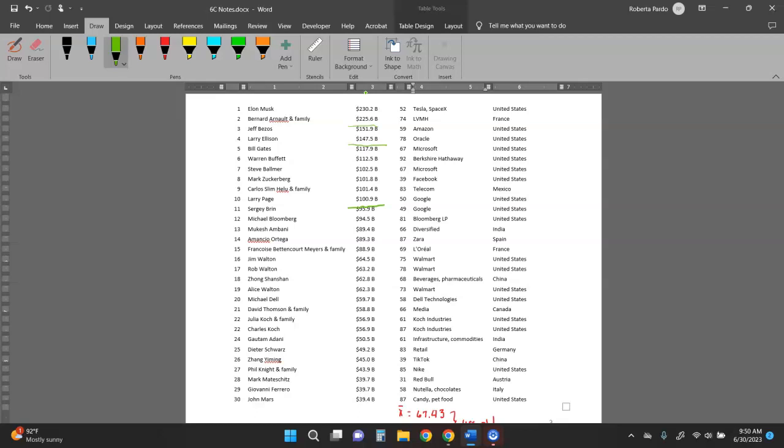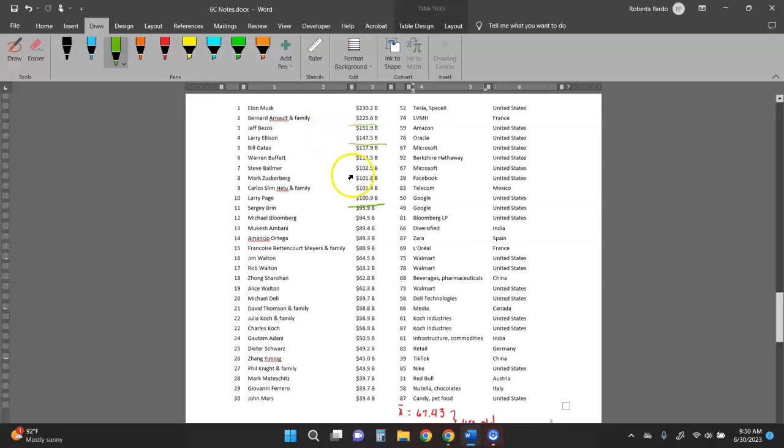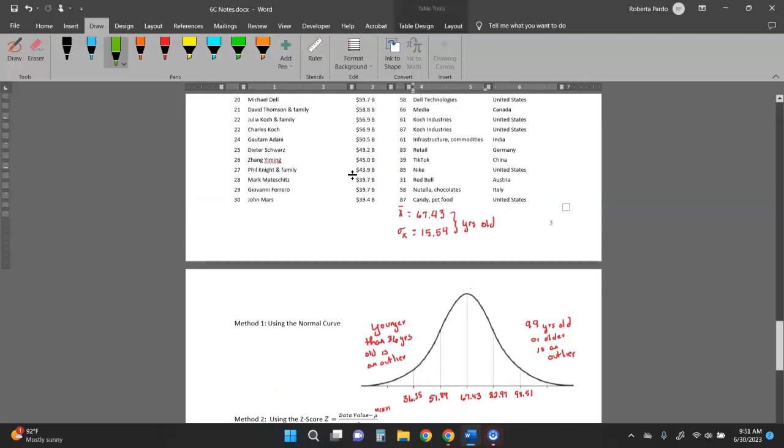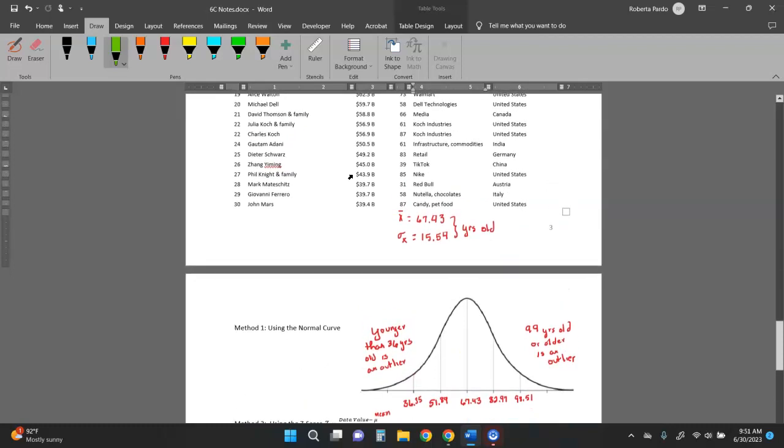We're going to see whether Elon Musk is an outlier, with his gross or this 225.6, or maybe even Jeff Bezos. Let's see using the z-score. All I need to calculate my z-score is the mean and the standard deviation.